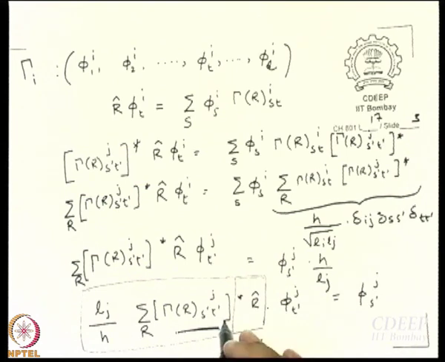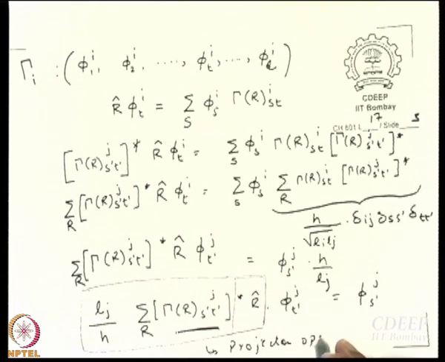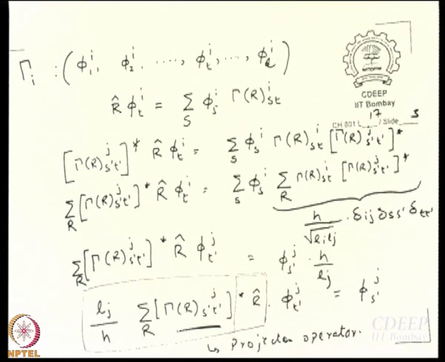S dash T dash, right? So it relates these two. So this thing is called the projection operator. In fact, it is called the complete projection operator, and we are not going to use it.